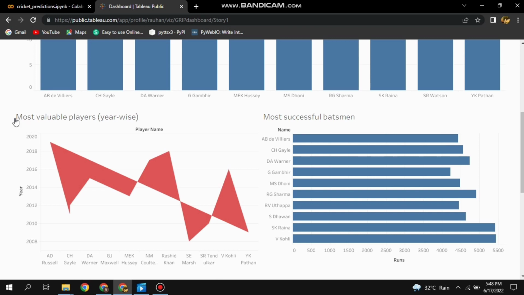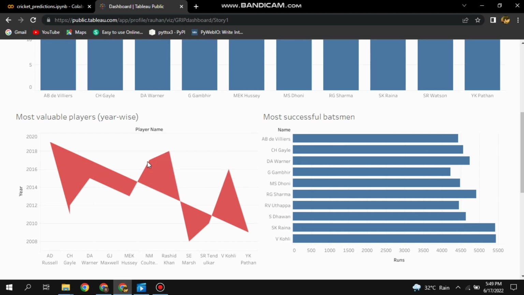And now the most valuable players year-wise are also mentioned here. This polygon chart depicts which person won the most man of the match awards in a particular year. So AD Russell won the most man of the match awards in 2019, and in 2018 Rashid Khan won it the most times.